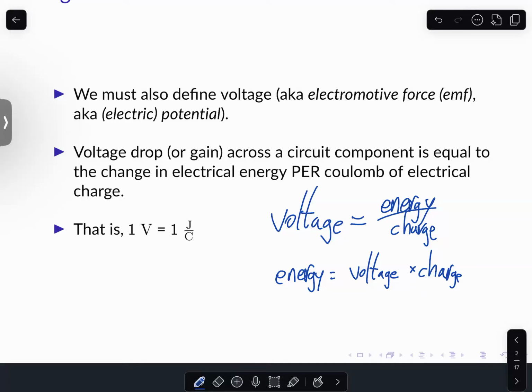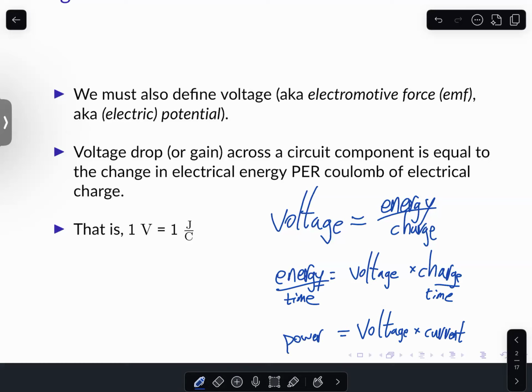And what happens if I divide both sides of this equation by time? What's charge per time? Oh, come on, you need to know this. Current, yeah. So voltage times current equals the rate at which total energy is transmitted, is electrical power.